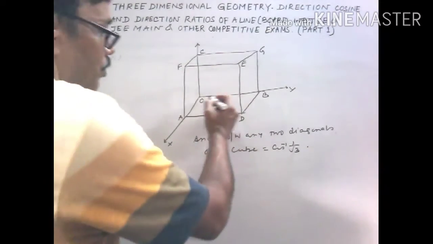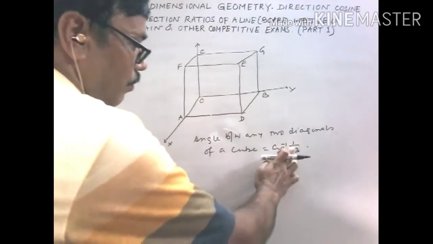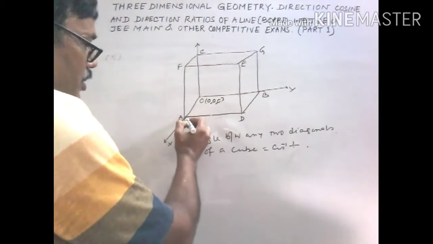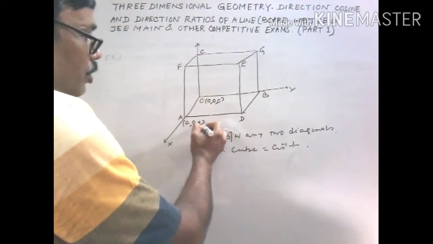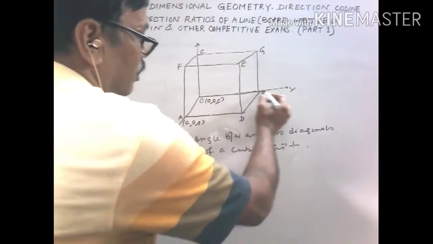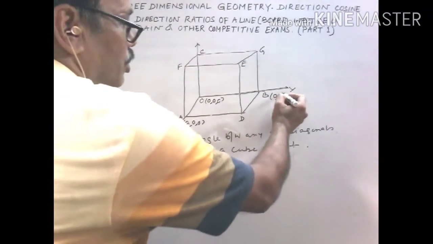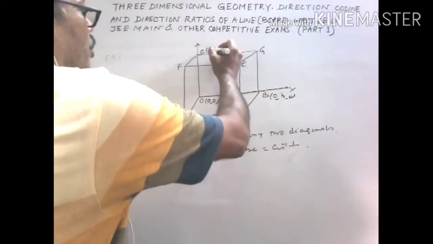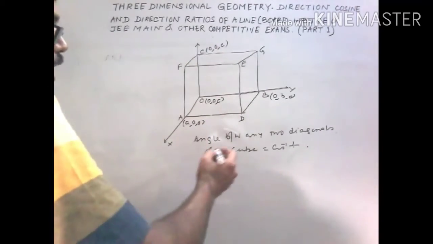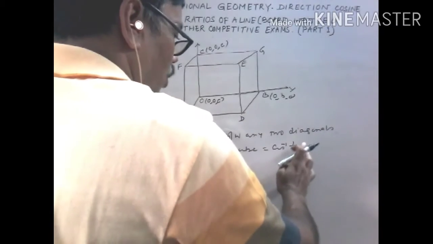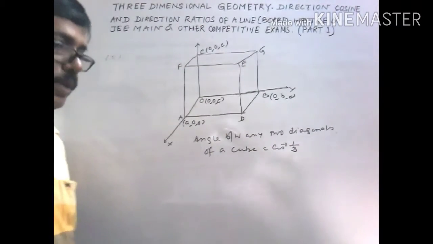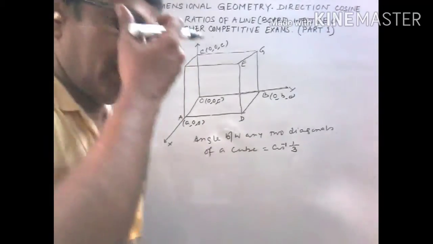So this is a cube of side a. This is 0, 0, 0. This is a, 0, 0. This is B, which lies on the y axis, so 0, b, 0. This is 0, 0, c. So the angle between any two diagonals of a cube is cos inverse 1 by root 3.